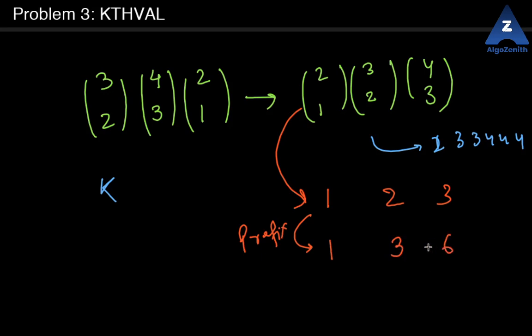Now what does this prefix sum mean? Every element now says how many elements are less than equal to 3, how many elements are less than equal to 2, how many elements are less than equal to 4. That is what is being saved in this prefix sum, right? And now if you want to search for the kth element, you can use a binary search on this.